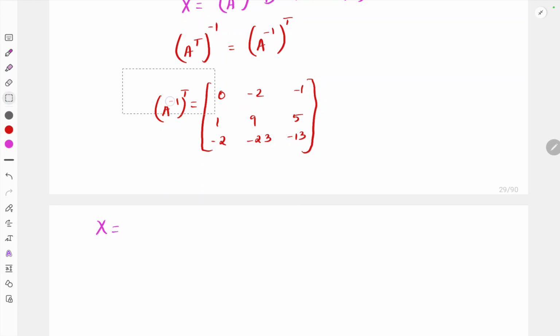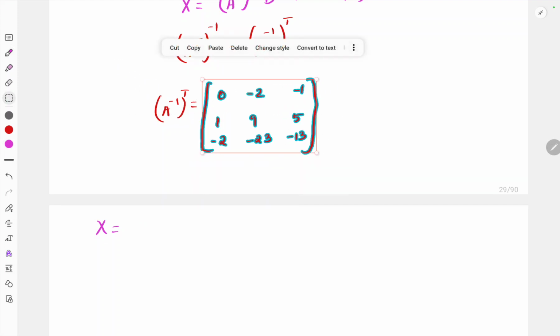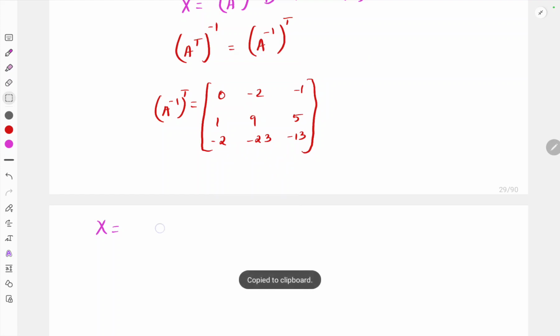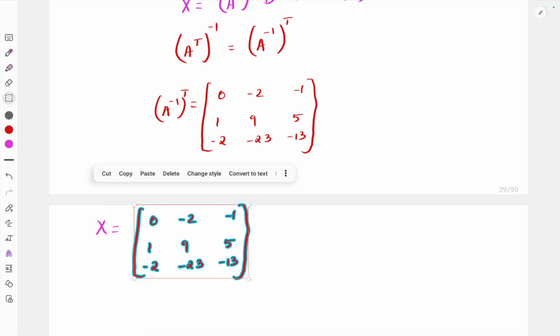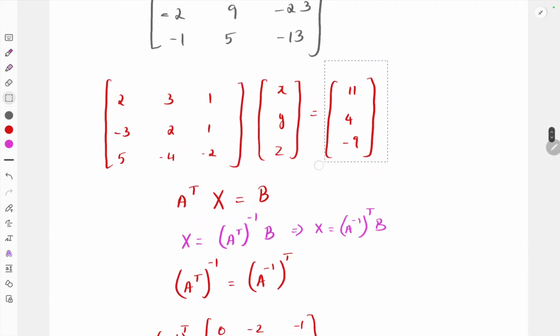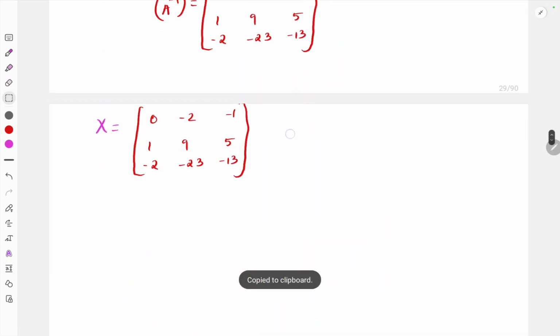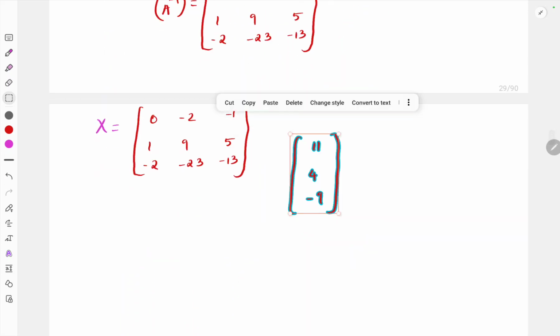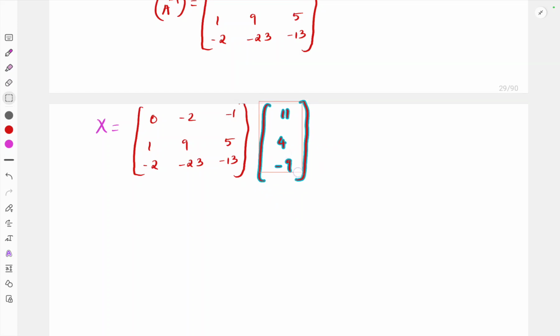I'll just copy this. The transpose of A inverse into matrix B, which is 11, 4 and minus 9. I have to just multiply this. This is my matrix X.